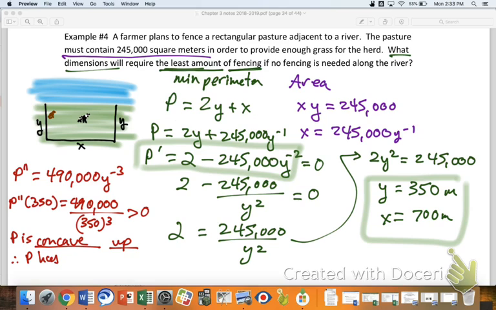Therefore, p has a relative minimum at y equals 350. So there's your justification practice. You could absolutely use p prime. I think p double prime is a little faster here.